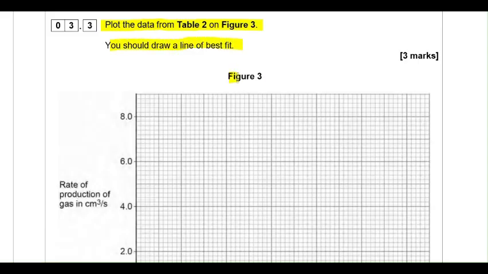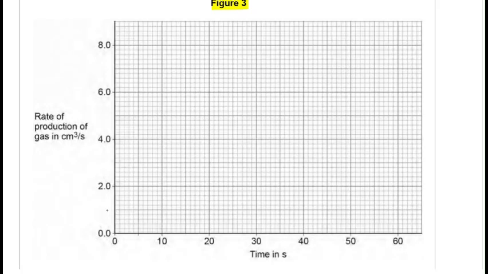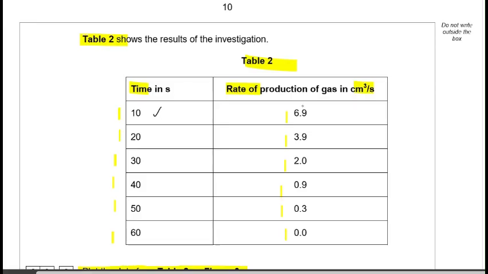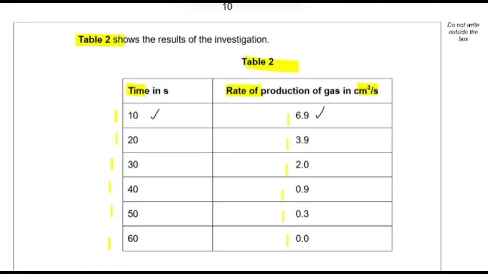This is a graph drawing exercise. So let's look at the scale. If we look at the vertical axis at the bottom here, between 0 and 1, there are 5 small marks. So those marks are each equal 0.2 centimetres cubed per second. When plotting a graph, we must make sure we get the right numbers in the right order. So we go back to the table and we tick each point as we plot it.